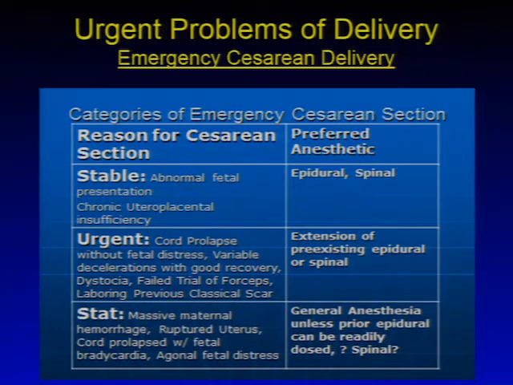However, there are several really urgent stat indications for cesarean delivery, and these include things such as massive maternal hemorrhage, a ruptured uterus, cord prolapse with fetal bradycardia or agonal fetal distress, and these most often will require a general anesthetic if the mother is a good candidate.